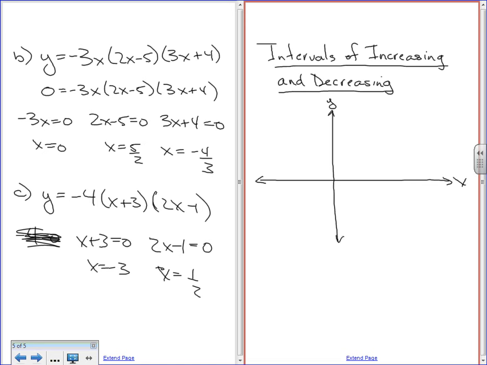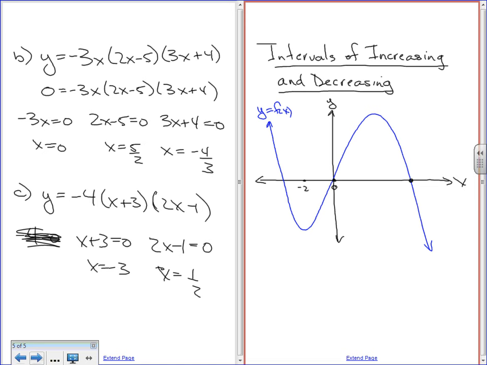Y, X. I'll do my function in blue. There's my function. I'm going to say this point right here, put it at -2. I'll say that's close enough to 0.